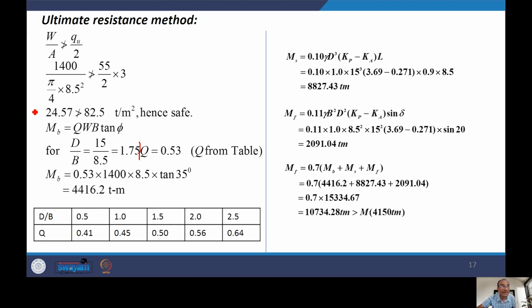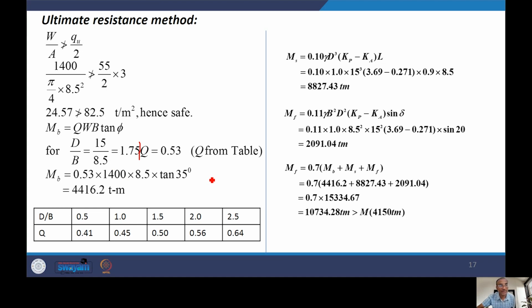Now continue with that. The moment at the base, MB, can be calculated using this relation, Q W B and pi. So in this case, once you put the number, first of all, this coefficient Q depends on the shape and the d by b ratio. So d by b ratio in the given problem is 15 divided by 8.5, almost 1.75.